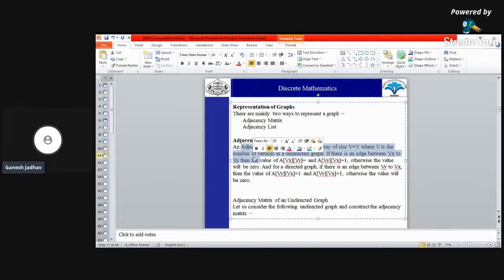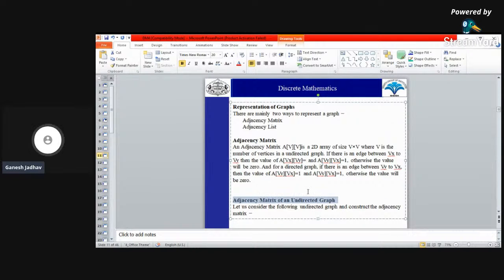We see what the adjacency matrix is: a two-dimensional array whose size is vertex by vertex. In the adjacency matrix, this works for the undirected graph also.